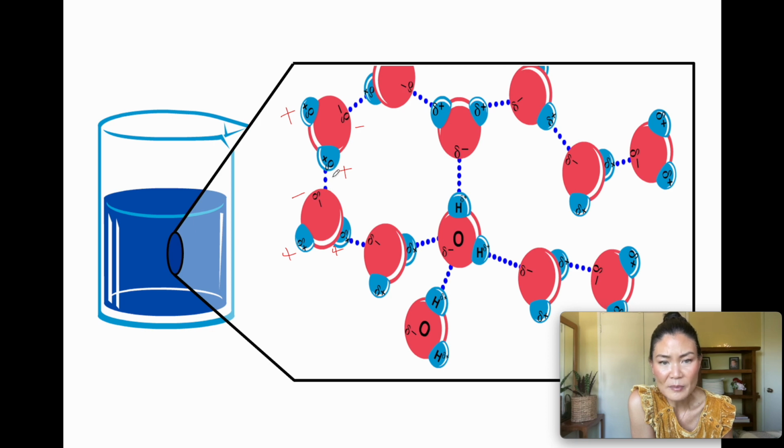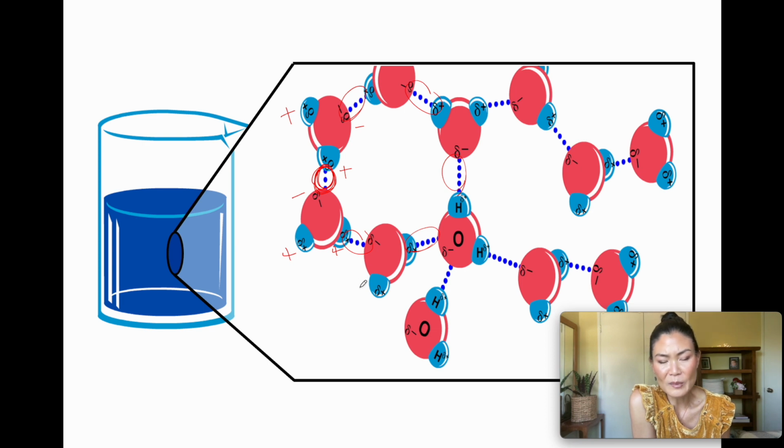So the dotted lines that you see here and here and here and here, those are all hydrogen bonds, okay? They're called hydrogen bonds because the positive hydrogen is attracted to a negatively charged atom or molecule, and in this case, it's the negatively charged oxygen of another water molecule.